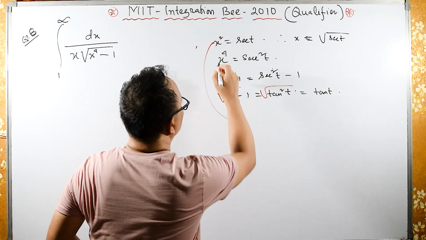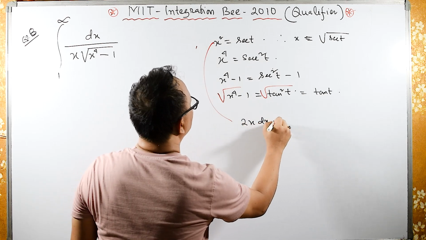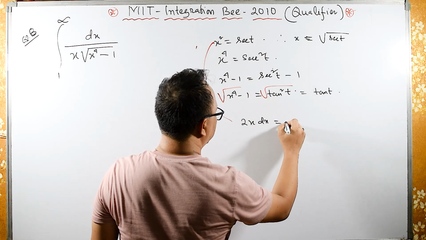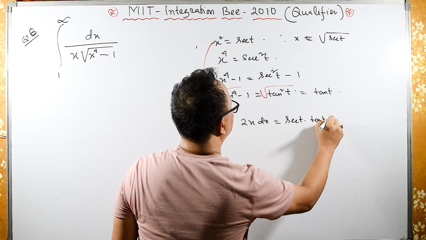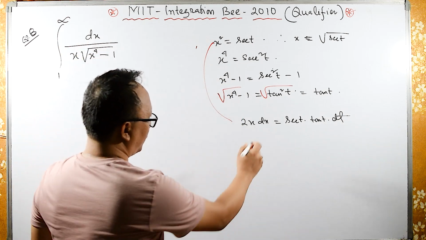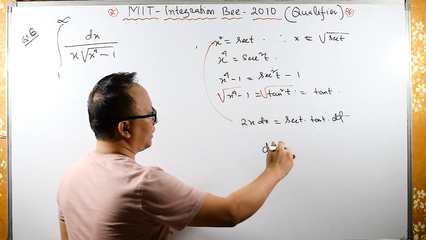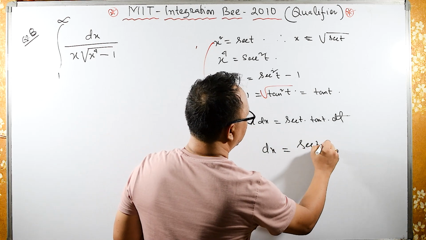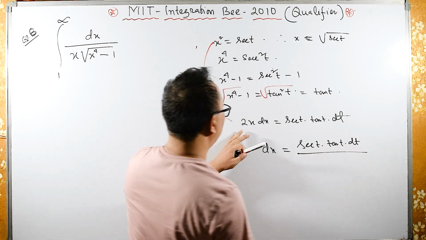Differentiating, we get 2x dx equals, the differentiation of sec t is sec t tan t, so sec t tan t dt. I need only dx, so dx equals sec t tan t dt upon 2x.